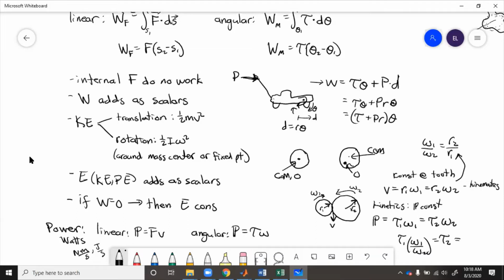So here the output torque equals the input torque times R2 over R1. So this is how come if you have a little motor here at 1 and you use a big gear connected to it, then your torque output from the gear is going to be a lot bigger, just the gear will be turning more slowly.